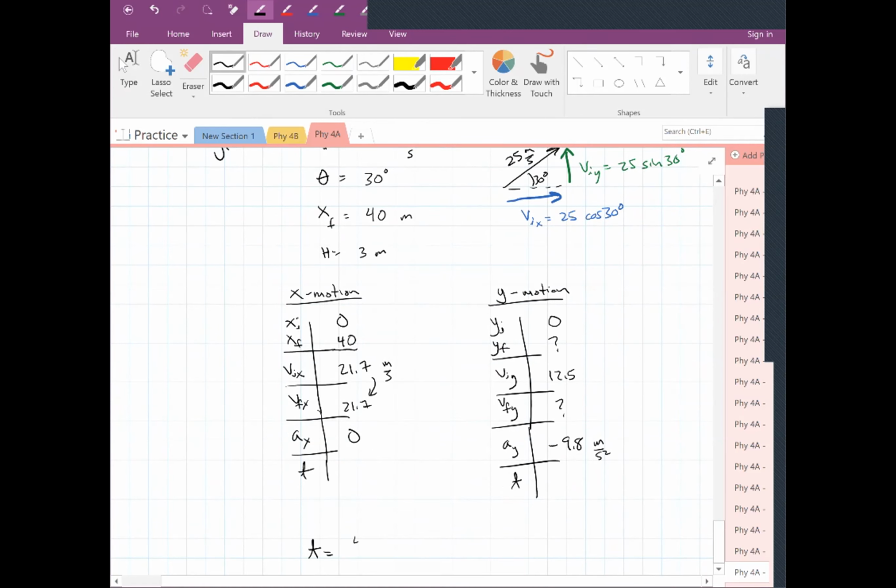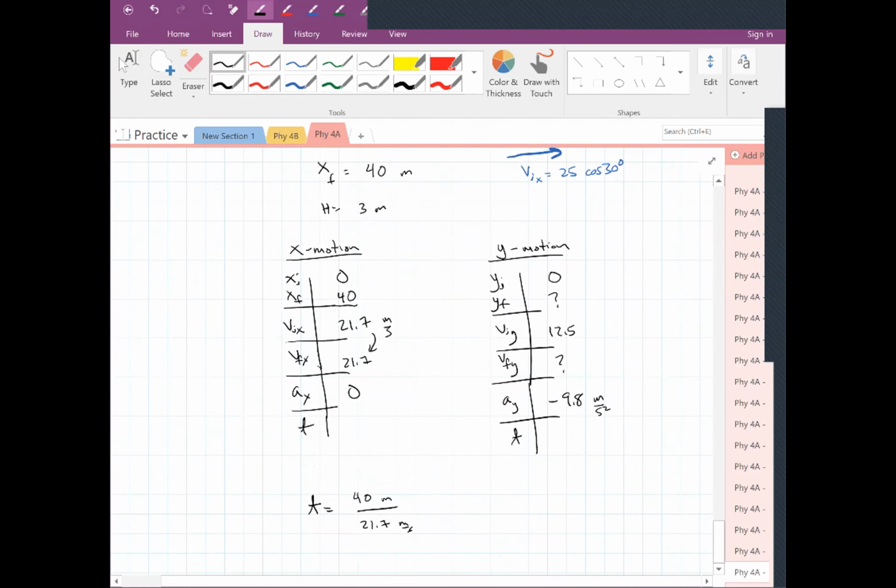That's going to be 40 meters over 21.7 meters per second, which is 1.85 seconds. Now we plug that value in to our Y direction.